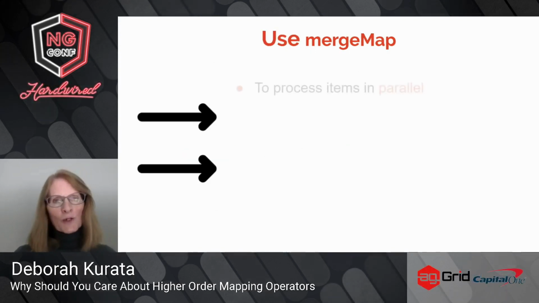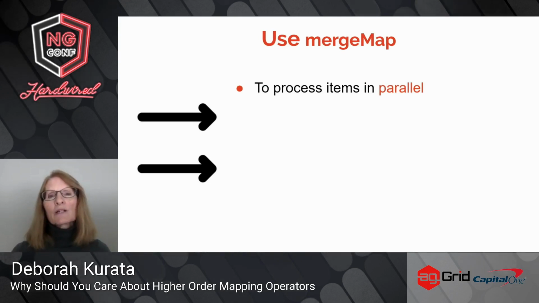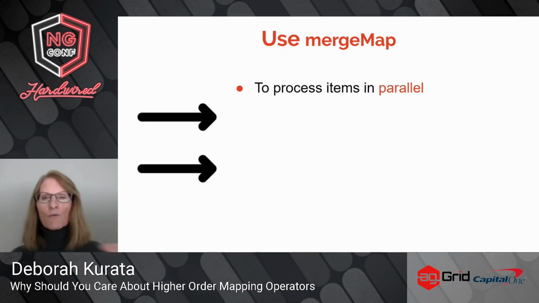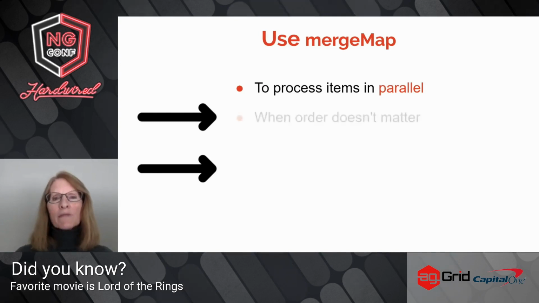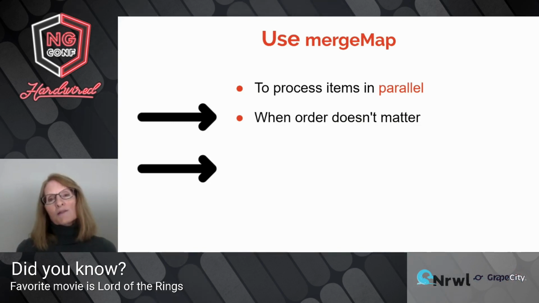When should we use mergeMap? Anytime we want to process items in parallel, because what happens with mergeMap is if the user picks one and then picks a different one, then picks a different one, it's going to execute those requests right away and process those items in parallel. Now, because it's processing them in parallel and because it's all async, you can't depend on the order of the returned results.